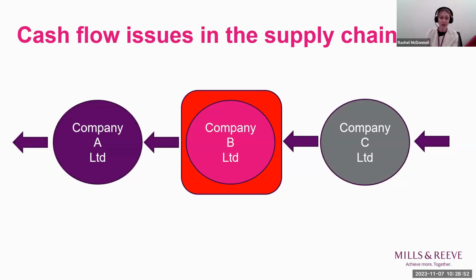I'm going to consider some issues that relate to companies that are having cash flow problems. There, the risk is that the supplier, or the company in the middle here, company B, will enter into some sort of formal insolvency process, and that can create problems for the supplier and the customer on either side. They either find themselves out of pocket or unable to secure the supplies and the goods that they need.